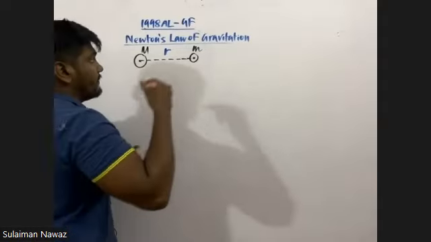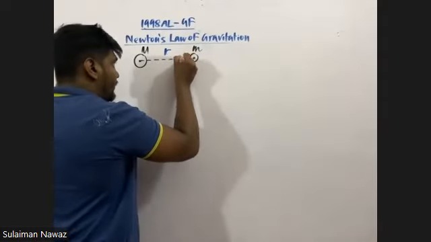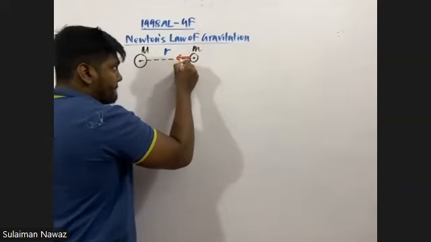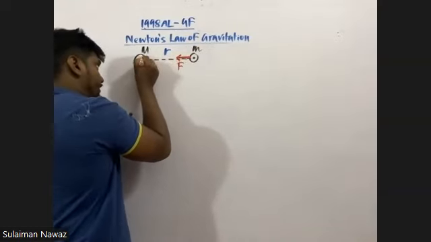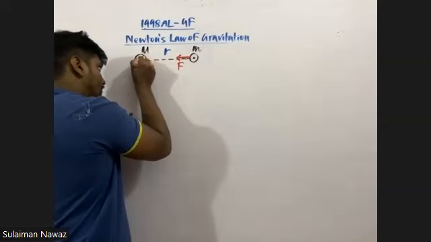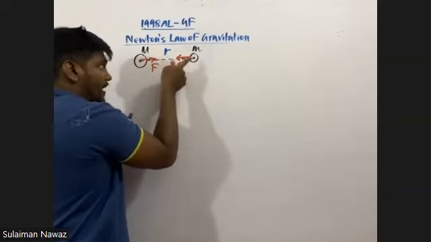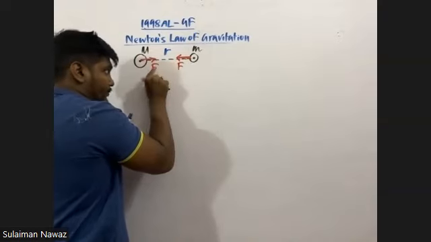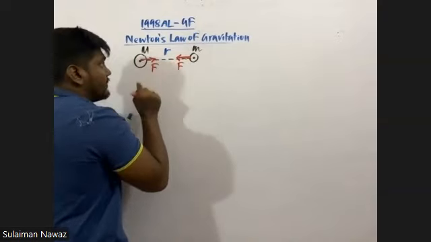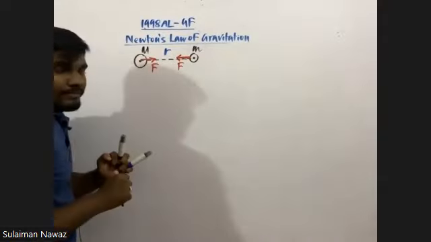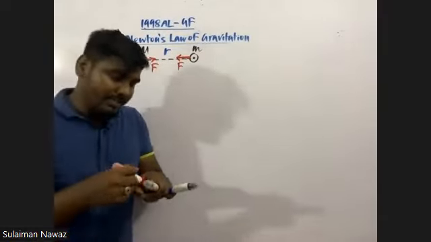Then we know that capital F is the gravitational force on simple m mass by capital M. When you consider capital M mass, it is the gravitational force on capital M mass by simple m. These two forces are attraction forces, equal in magnitude and opposite in direction.